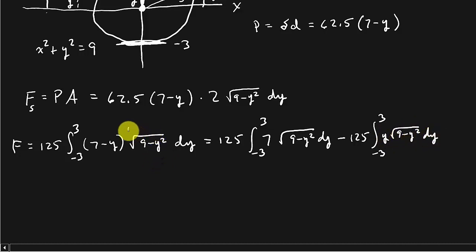All I did is I took this and distributed it to each one, and split up the integral. Now, this 7 times 125, let's multiply that together, and that gives me 875.